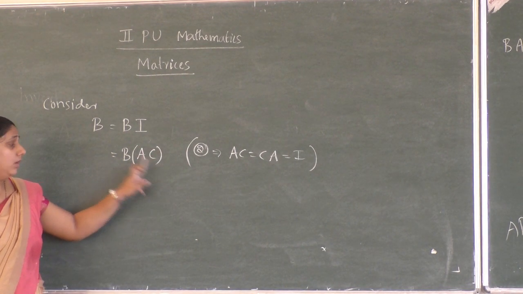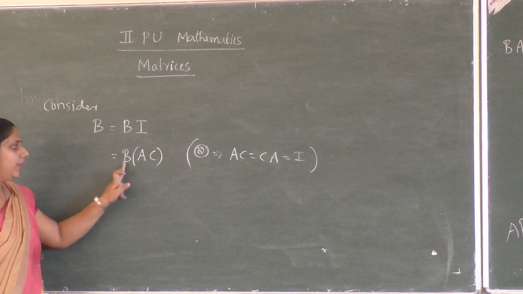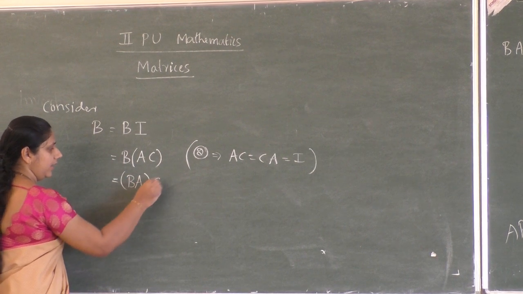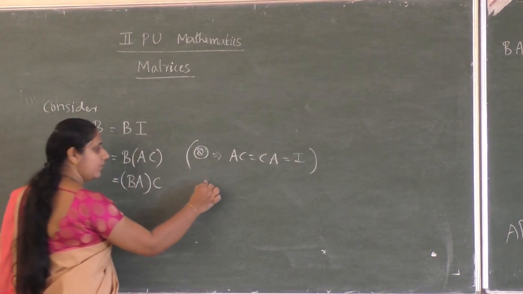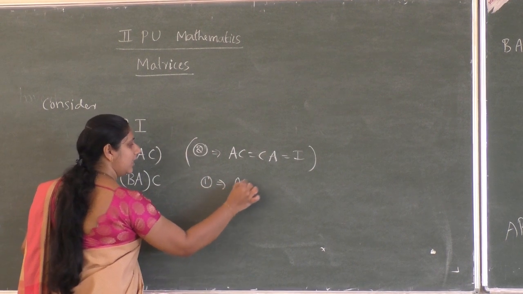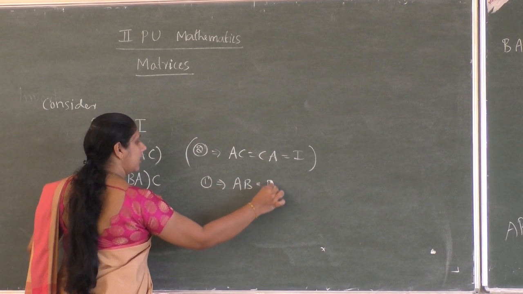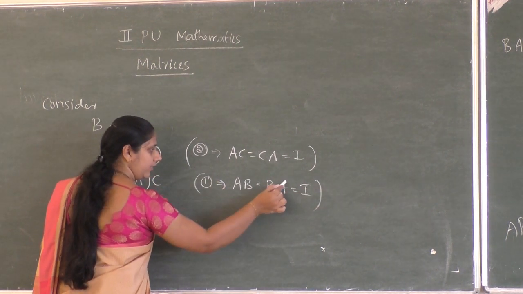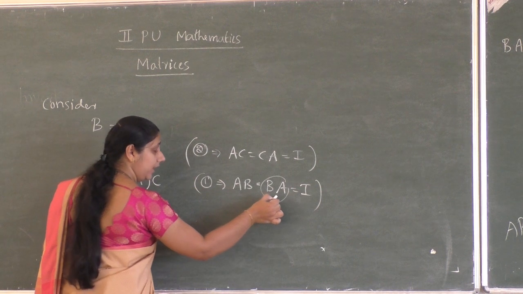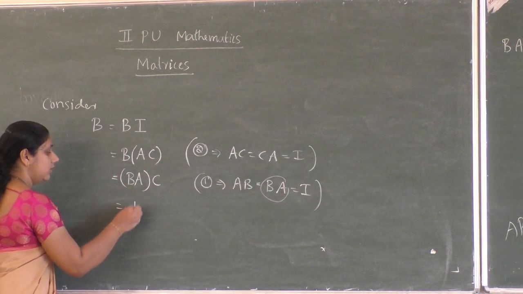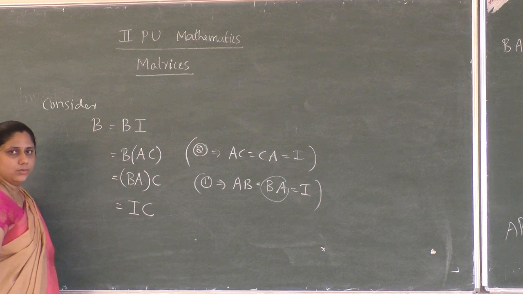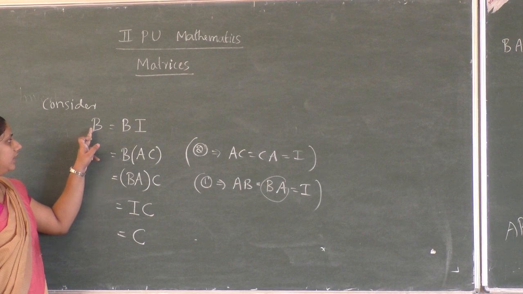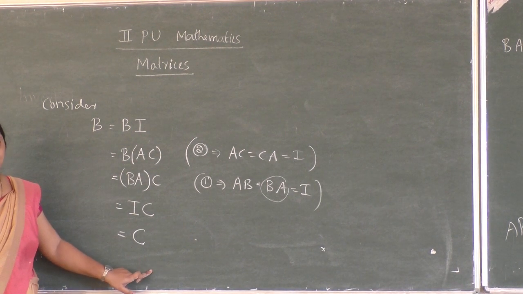Now it is of this form, associative property. So B into AC can be written as BA into C. Now we use the first equation, AB is equal to BA, which is equal to I. So in the place of BA we can write I. So this reduces to I into C. Now I into C is matrix C. So we get the condition B and C are equal.